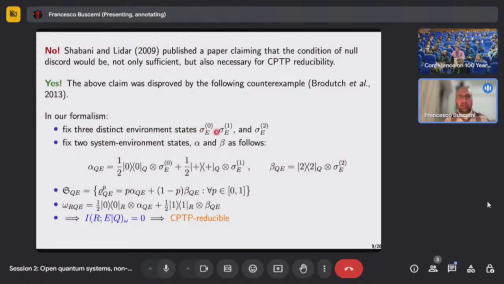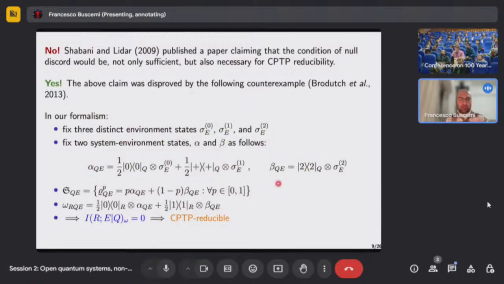You have three distinct environment states, sigma 0, sigma 1, and sigma 2. And then you construct two states as follows. One state is alpha QE, which is a mixture of these things, where you have a 0 here and you have a plus state here. And then you have another state, beta QE, which is with 2. Okay, so this Q system is three-dimensional. You have 0, 1, and 2.